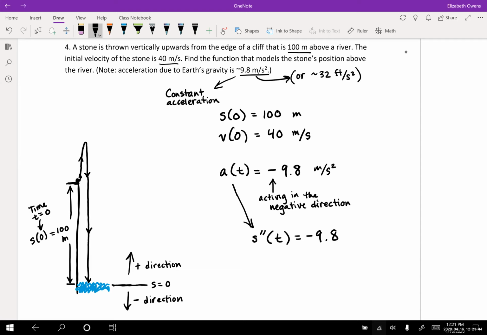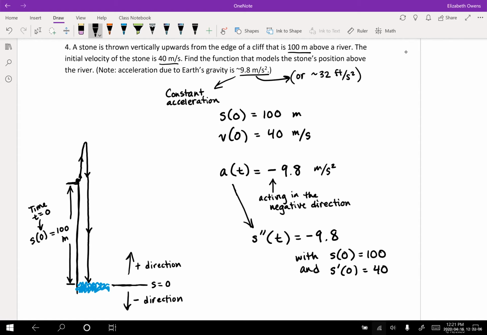And then we're also given these two conditions. With s of 0 equals 100, and well, v of 0, velocity is our first derivative of position, so that says s prime of 0 equals 40.